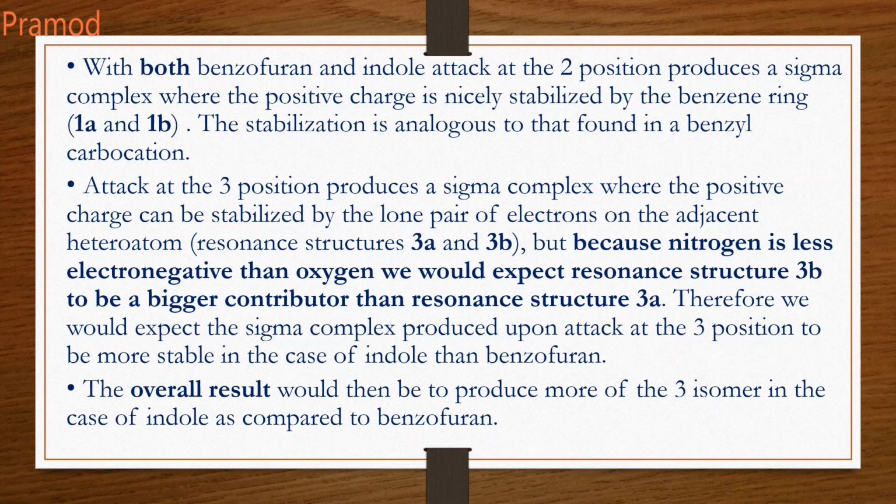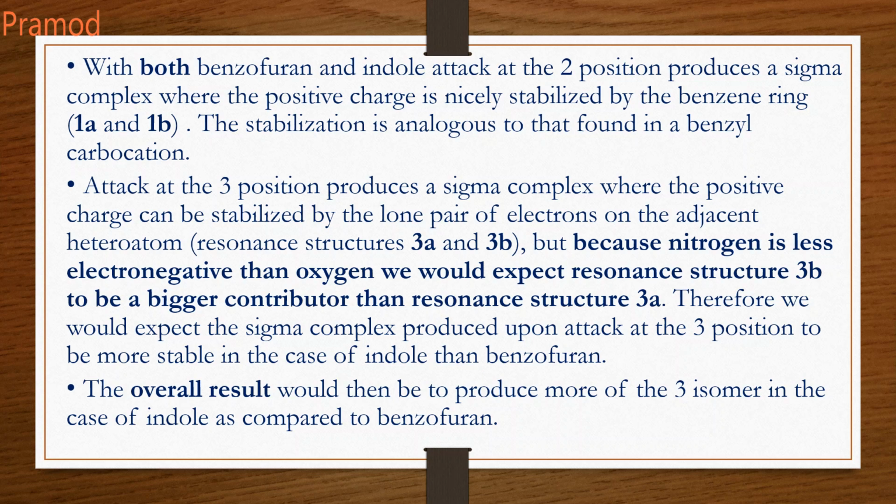The overall result is a more stable 3-isomer in the case of indole compared to benzofuran. So benzofuran, basically because of the oxygen, oxygen being more electronegative, will not favor this reaction.